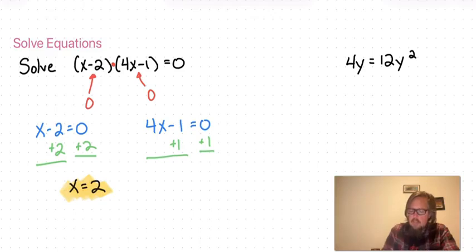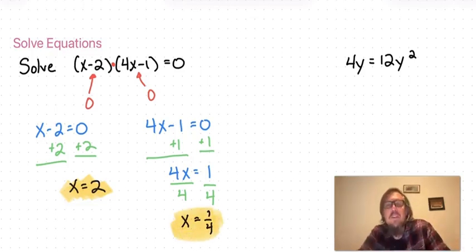We get 4x = 0 + 1, which is 1, and now we divide both sides by 4. We could do 1 divided by 4 and get a decimal, but let's just leave it as a fraction, 1/4. So this has two answers: 2 and 1/4.